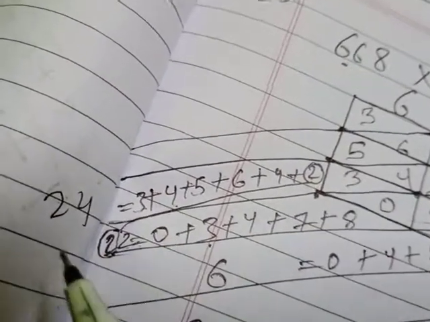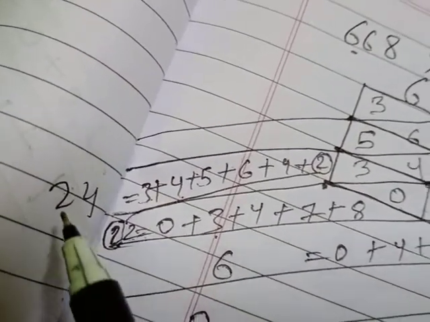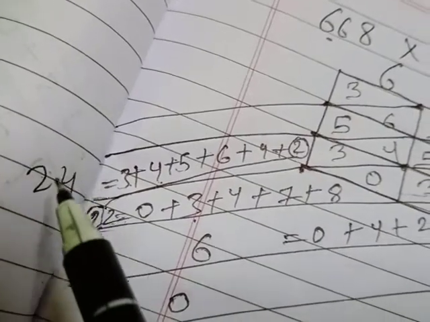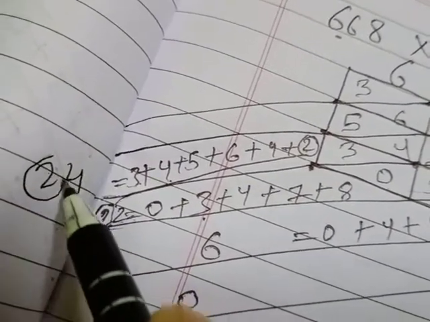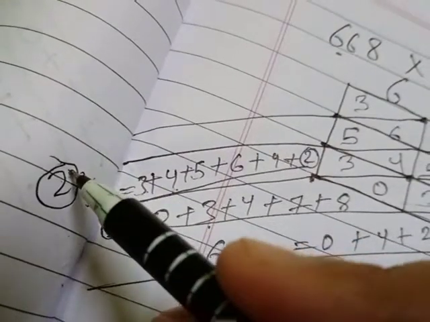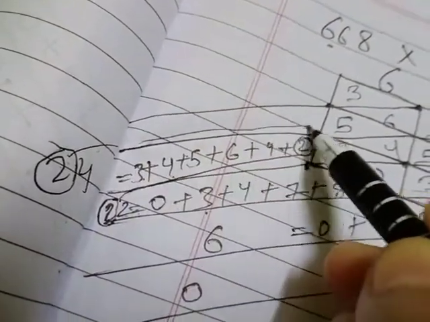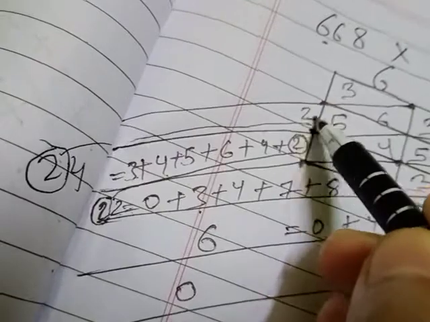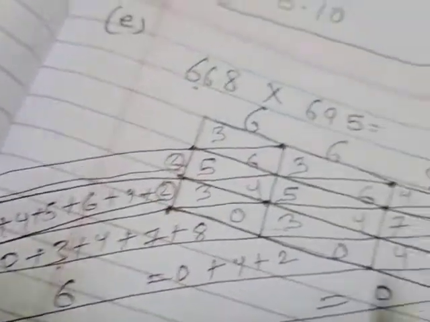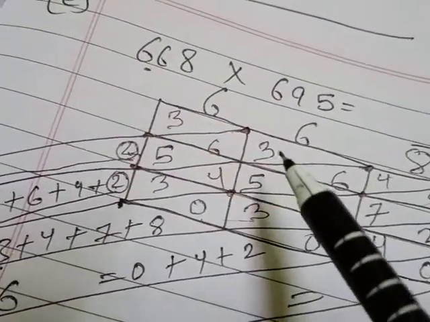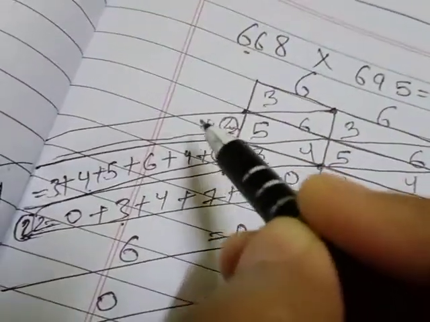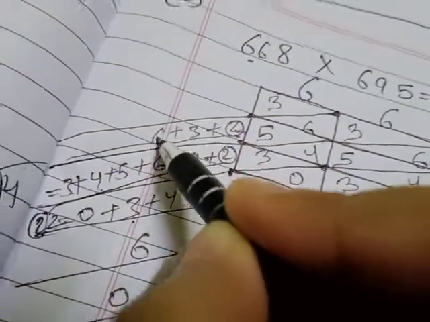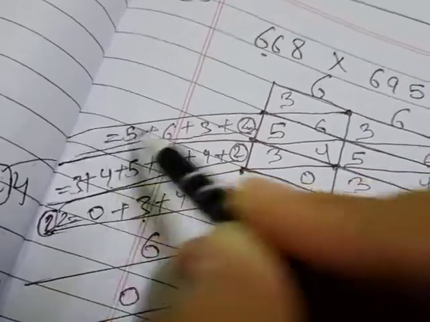Now in this 24, if you see, again a 2-digit number. So when we have a 2-digit number, the tens number is always carried forward in the next grid here. That is 2 again. Now in this grid, what all digits are given? 3, 6 and 5. So I'll write plus 3 plus 6 plus 5.